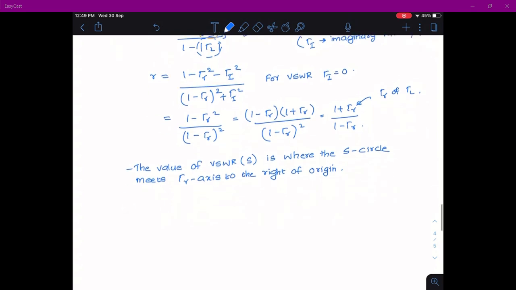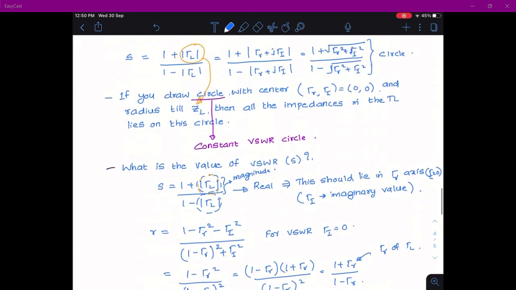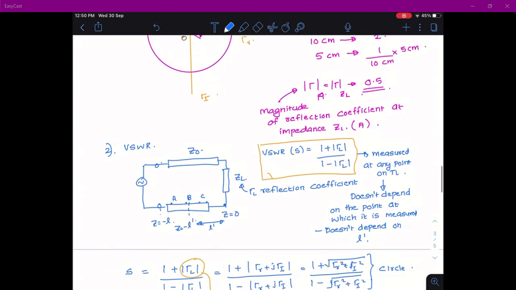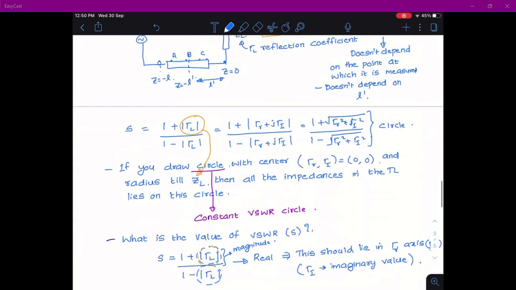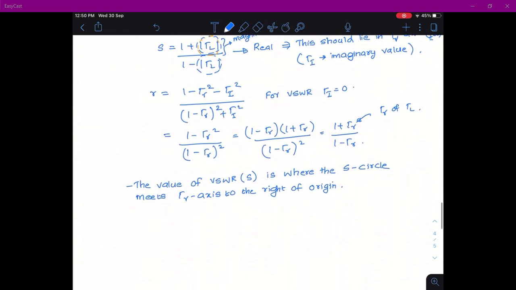Fine. So now we found out how we could measure the VSWR in the Smith chart. Now let's try to measure the impedance.